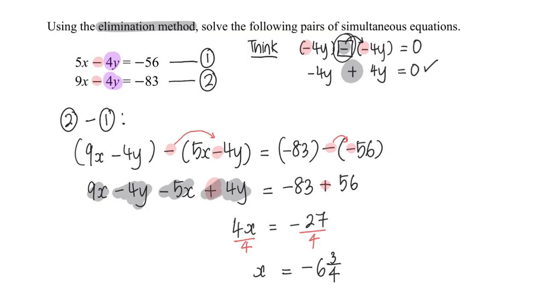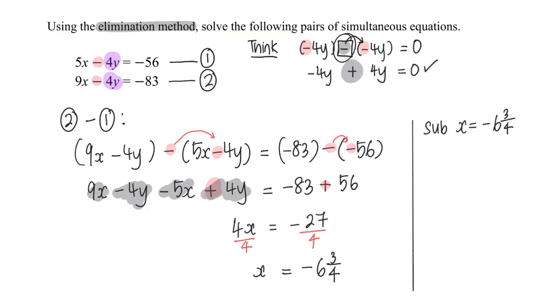And once we reach this stage, we can proceed on to the next part of this solution, where we will then need to substitute this value of x into either equation 1 or equation 2.